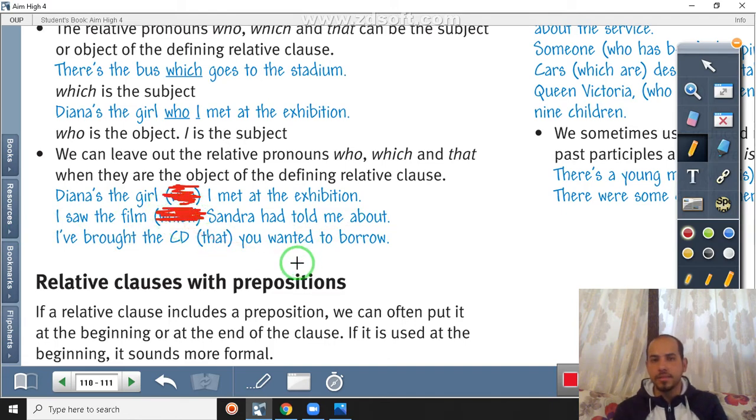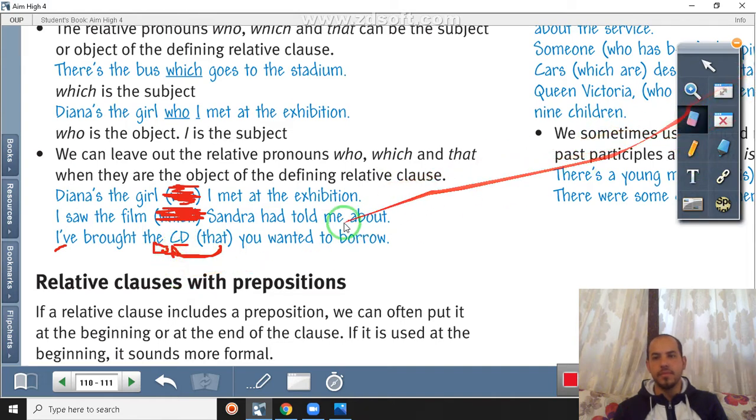And that's it. I brought the CD that you wanted to borrow. That refers to the CD. So I is the subject and the CD is the object, and that refers to the CD.